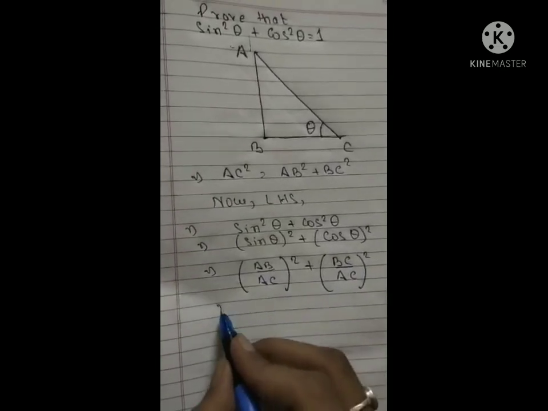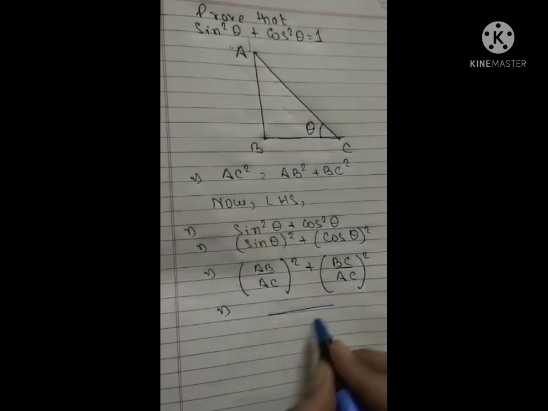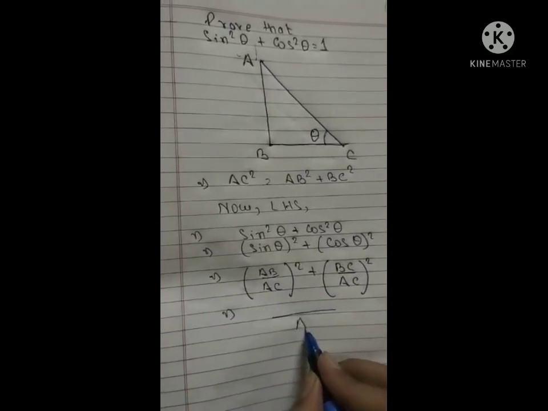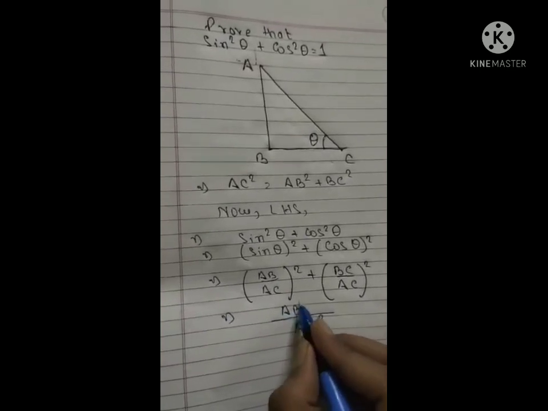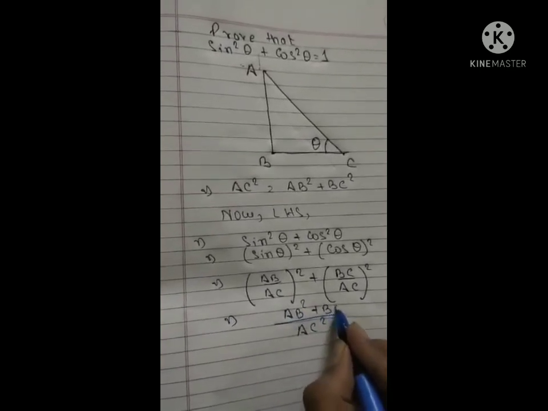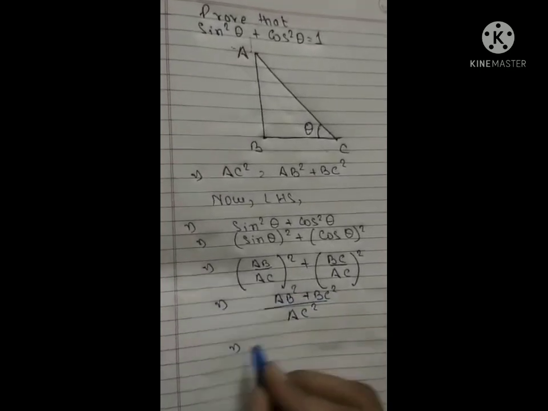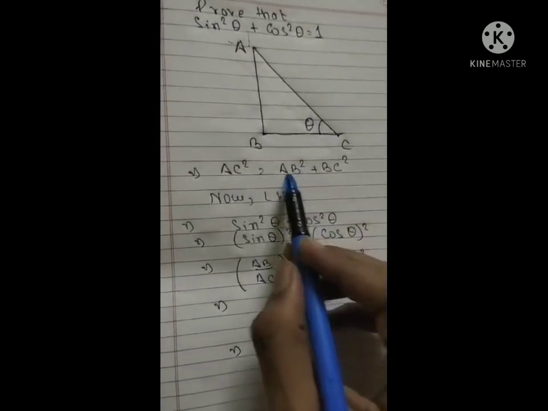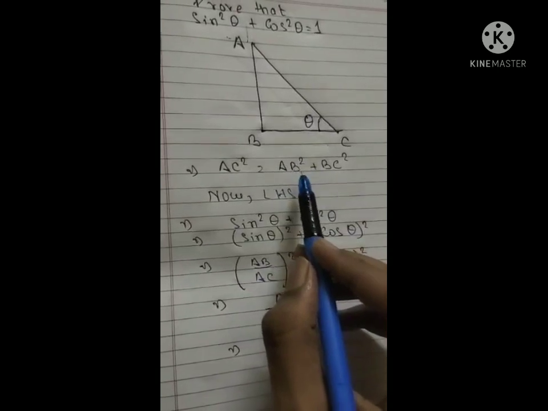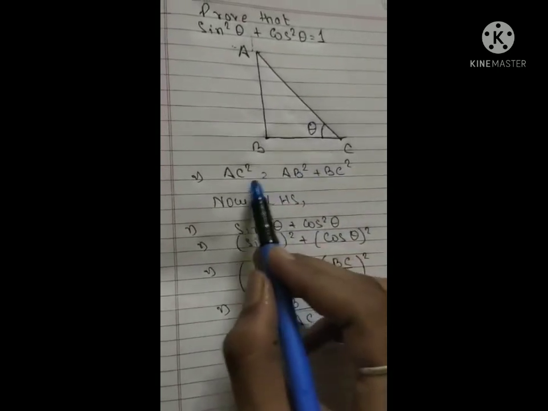Now we will see that in the denominator we have AC square and in the numerator AB square plus BC square. Can you remember we have already found that AB square plus BC square is equal to AC square.